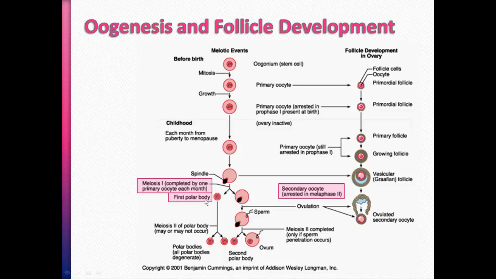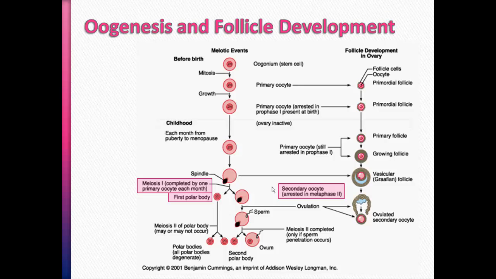So even though the first polar body may divide, we don't really care because those polar bodies don't do anything. It's really the secondary oocyte that we care about. Again, every month a few of those follicles will continue to develop, and only one of them, on average, ends up becoming that mature follicle, and that secondary oocyte now will start meiosis 2.